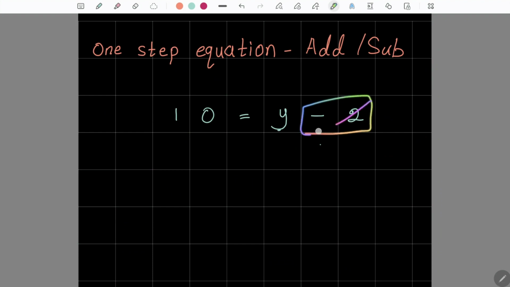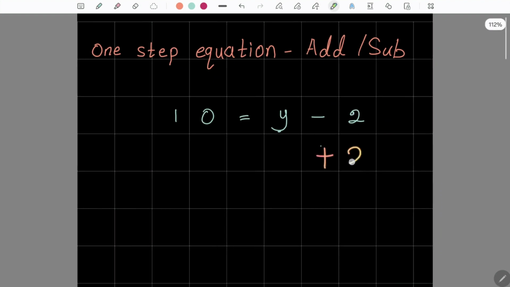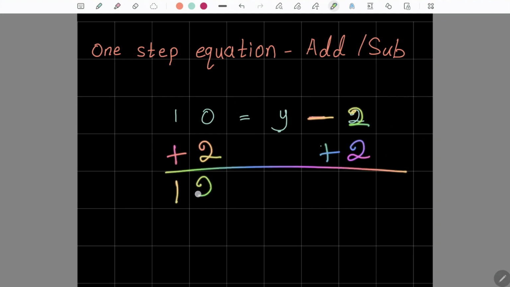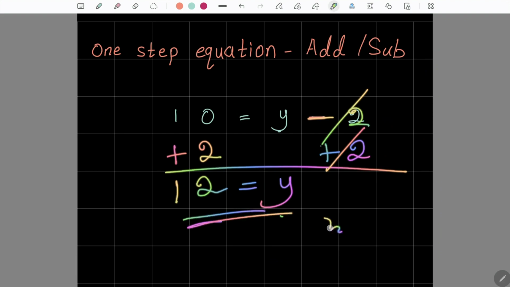To cancel this one out, we have to add a 2. Whatever number you have, just type the opposite of it. Since this is negative, you need to add a 2. Since you added a 2 over there, add the same 2 to the right side as well, then you would get y equals 12.